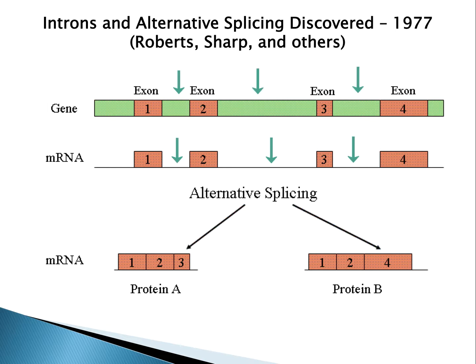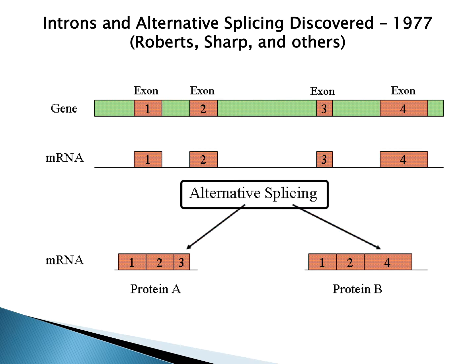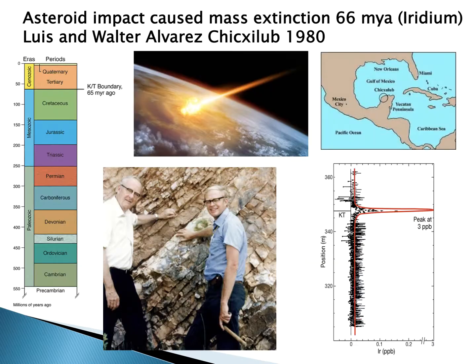And then there were introns, intervening sequences in between the exons that were spliced out before the mature mRNA was produced. And furthermore, you could have alternative splicing, which was common in viruses and also in certain animal genes and sometimes plant genes, where a single RNA could be spliced in different ways to produce different mRNAs and thus produce different proteins.